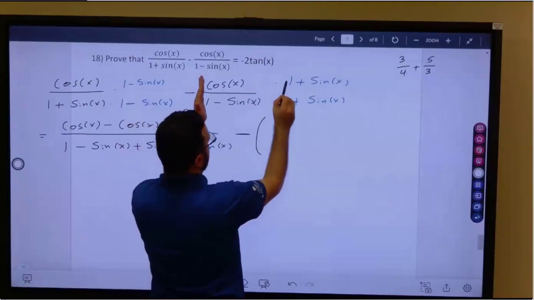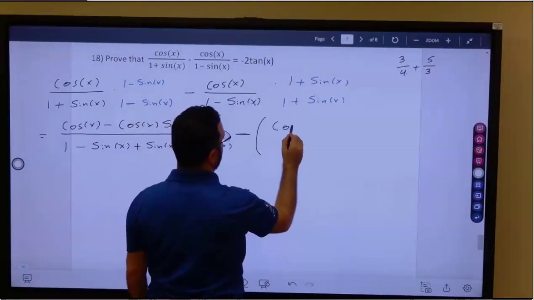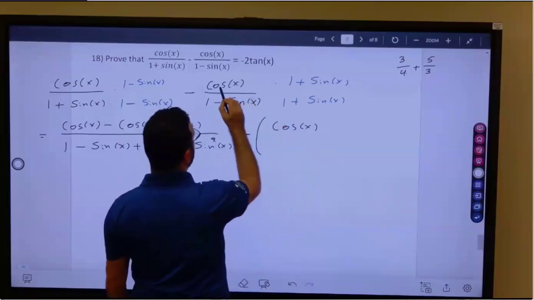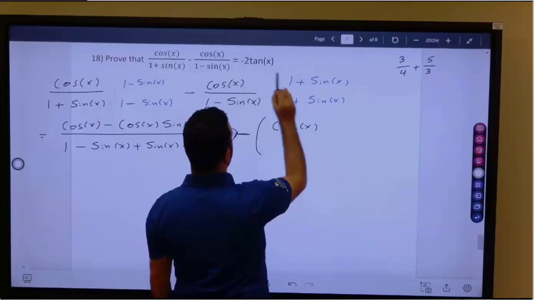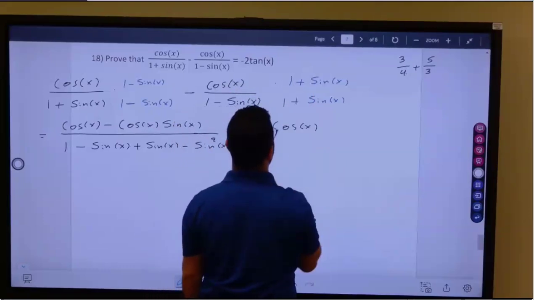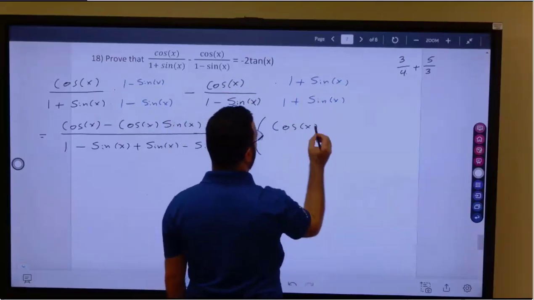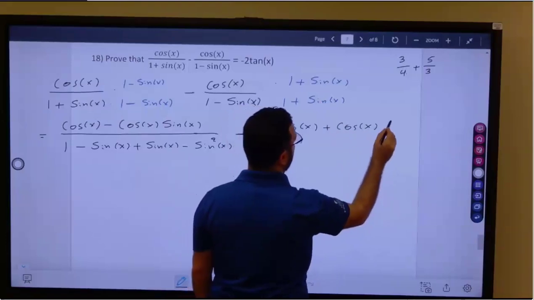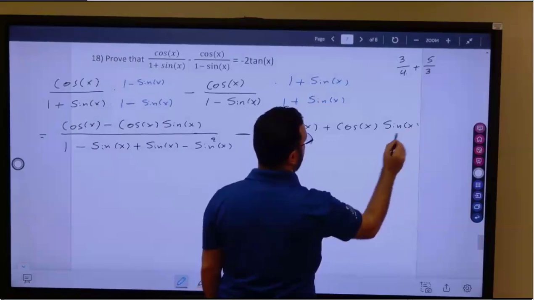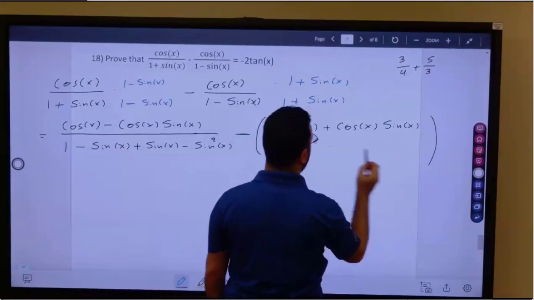So cosine x times 1 is going to be cosine x. And cosine x times sine, you FOIL, but now you distribute because we have only 1 term and 2 terms here. Cosine times sine will be plus cosine x sine x. Those are the parentheses here.